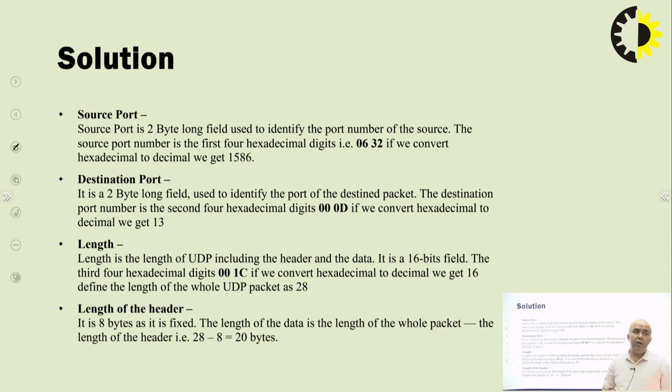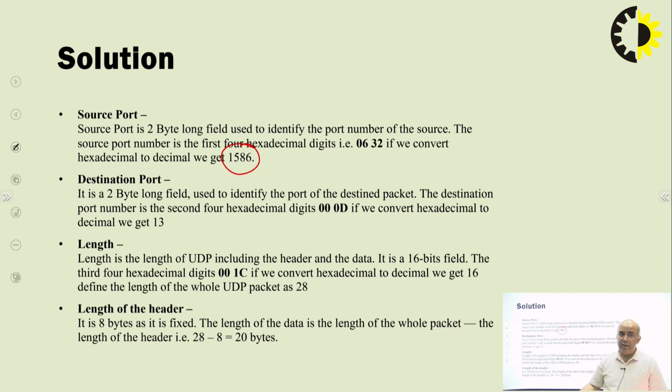The source port is a 2 byte long field used to identify the port number of the source. The source port number is the first 4 hexadecimal digits, that is 0632. If we convert this hexadecimal to decimal, we get 1586, and this is the value we put in the source port number. Now we have to identify the destination port number.